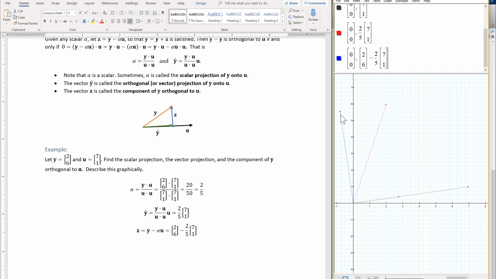So this is the blue vector over here now, and the blue vector is a vector from the origin. But if we don't want it coming from the origin, if we want it coming from, say, this point of the vector over here, which is 2/5 times 7, 1, that's the point where it comes from. So we can actually translate this vector.